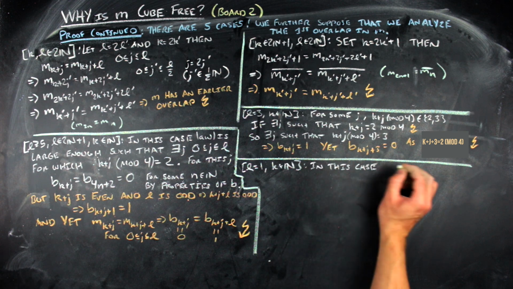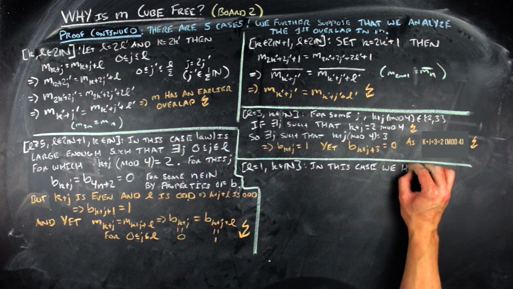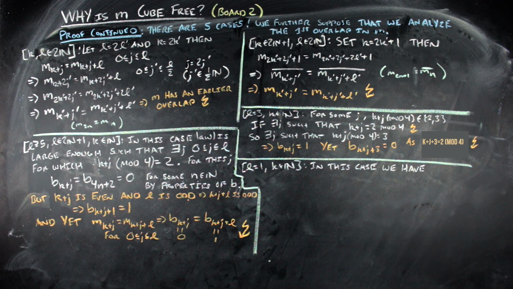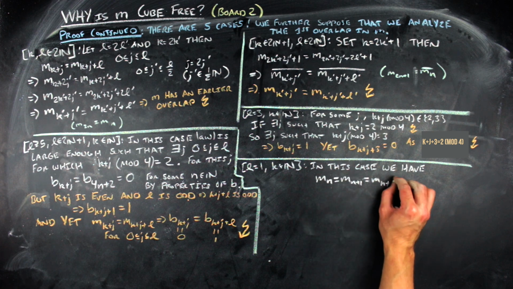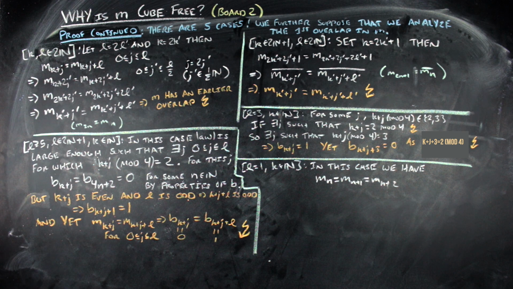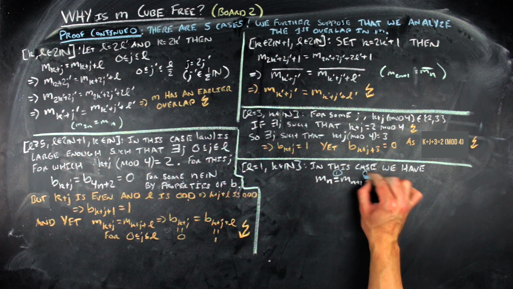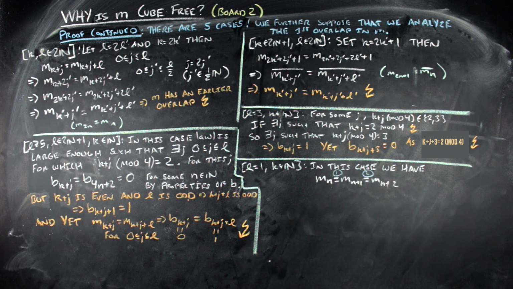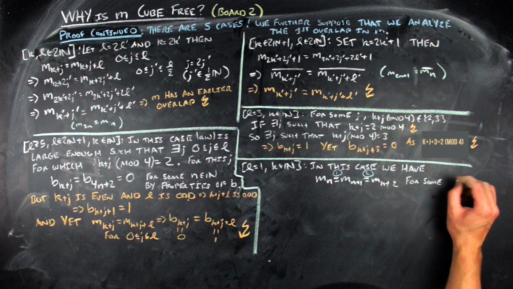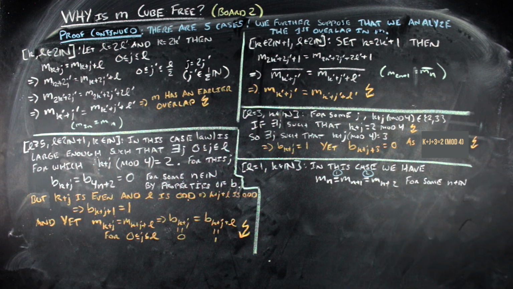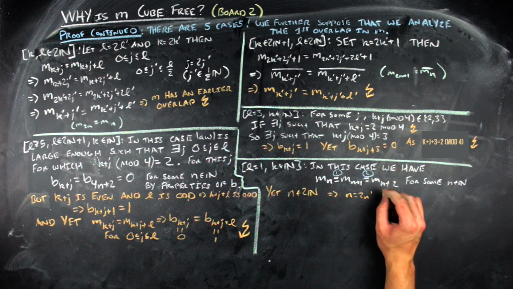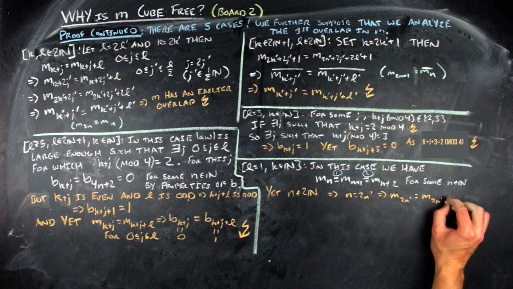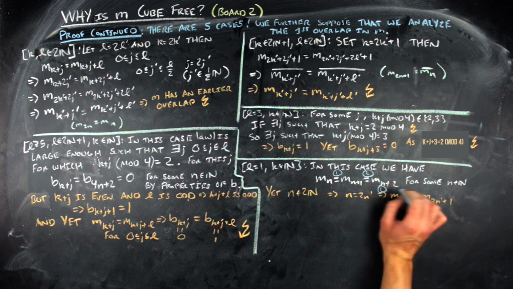Lastly, we have, quite honestly, the easiest case of this proof, which is when L is equal to 1. That is, your awawa is just three letters next to each other. And K is just some natural number n. So in this case, M sub n is equal to M sub n plus 1, which is equal to M sub n plus 2. Yet, when n is an even number, from that first equality in the string, M sub 2n prime is equal to M sub 2n prime plus 1, which explicitly cannot happen.